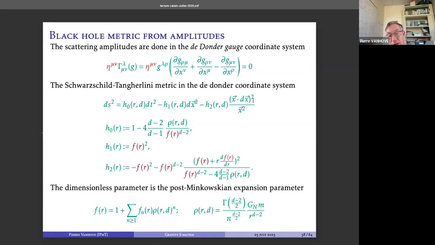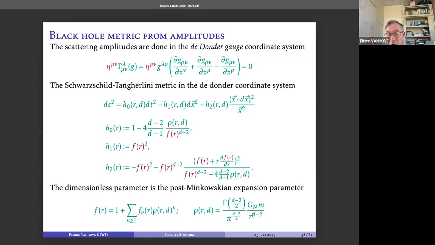It's spherically symmetric, so you have not lost that. There is the time component, the radial component, and then the angular part. But you see there is some function of the Schwarzschild radius. I'm writing it in d dimensions because I want to get the Schwarzschild black hole in 4, 5, 6 dimensions.